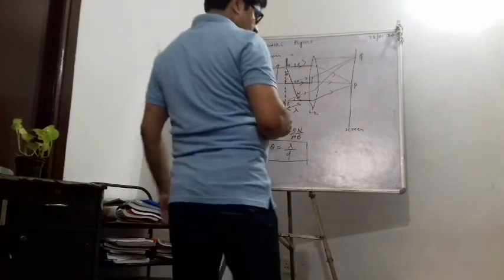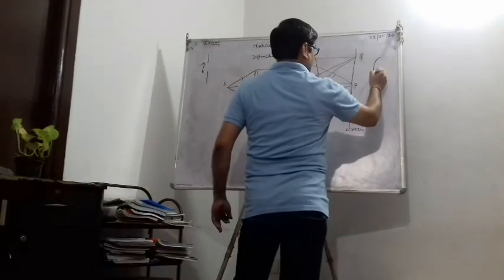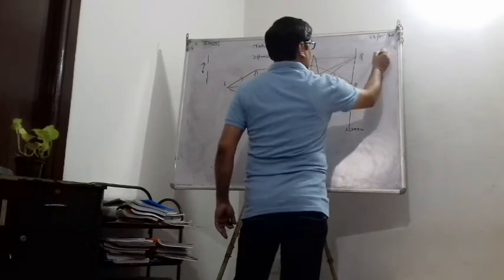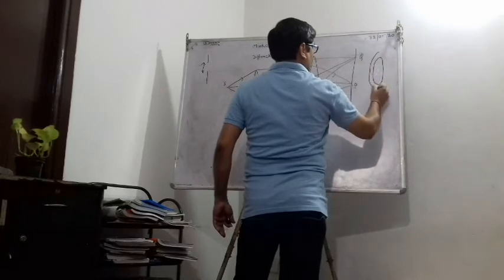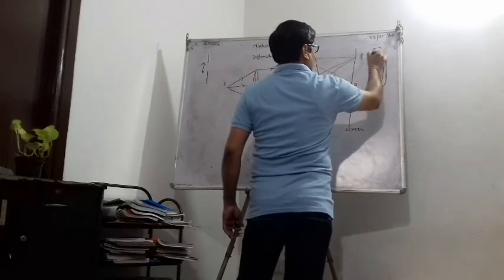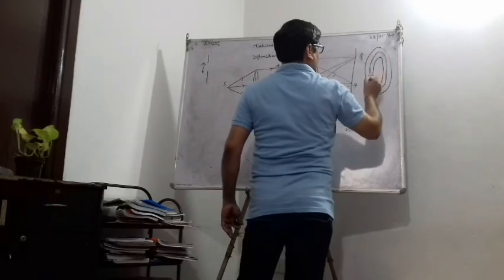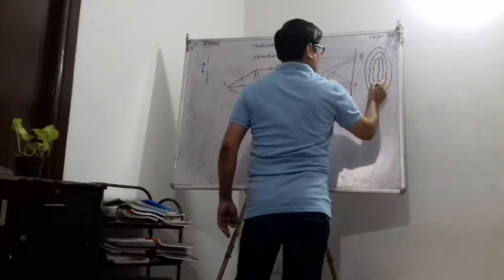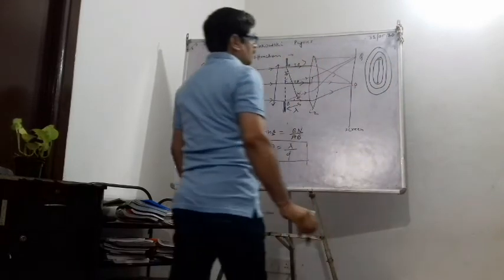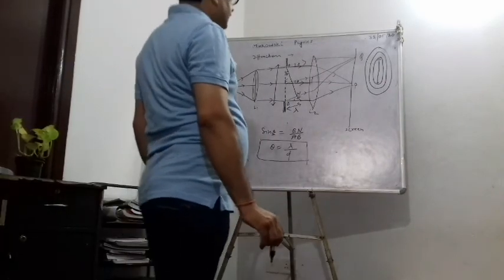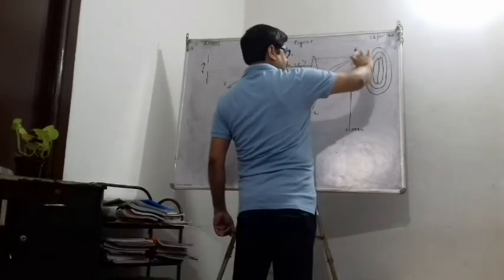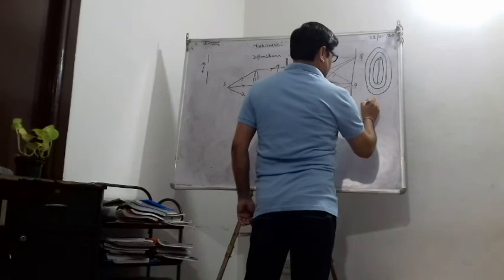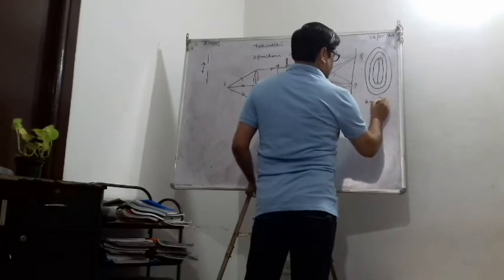This width is calculated as the Airy width, and this is called the Airy disk.